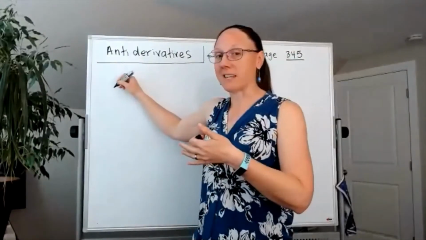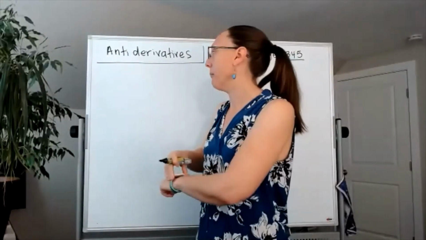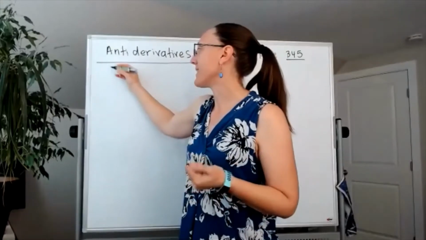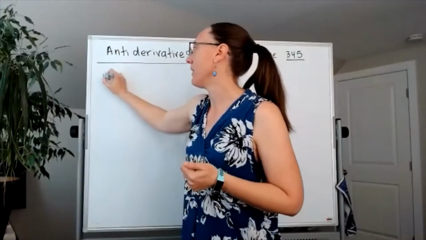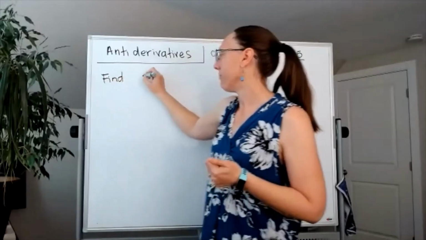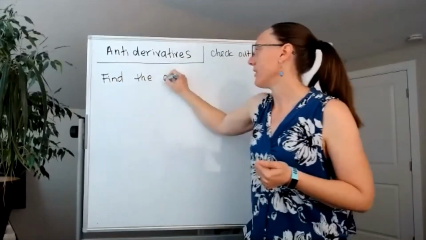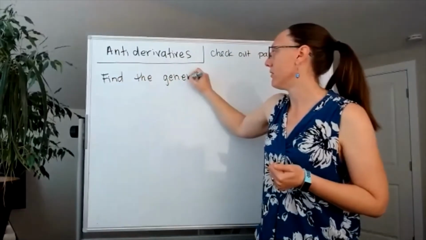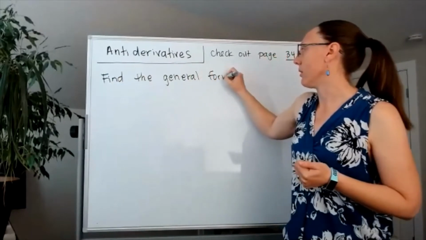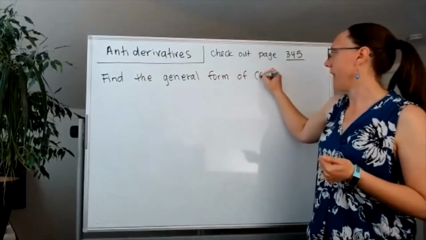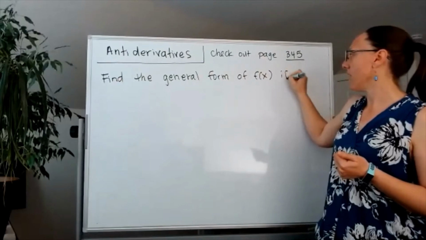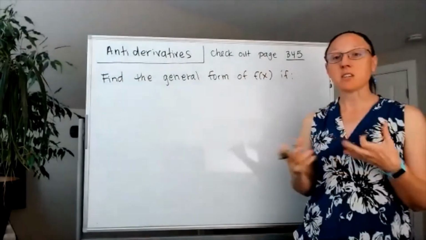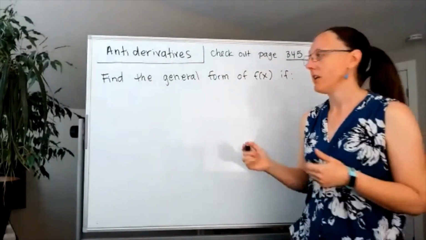In terms of 4.6 stuff, we might be asked something like, find the general form of f(x) if, and then we're going to be told something about the derivative.